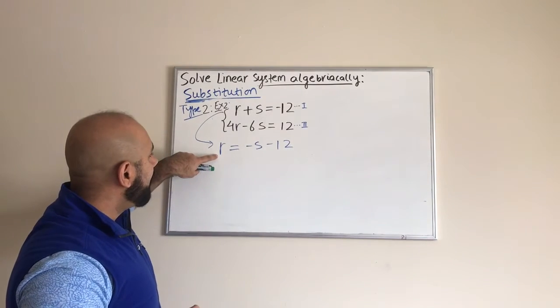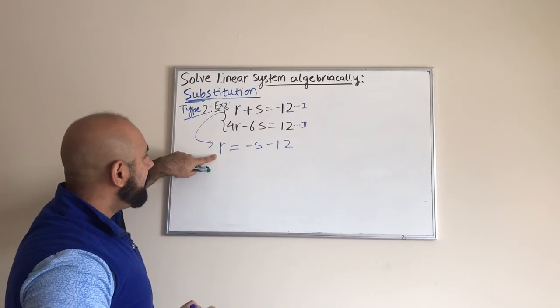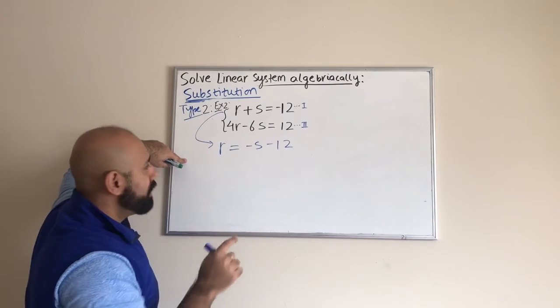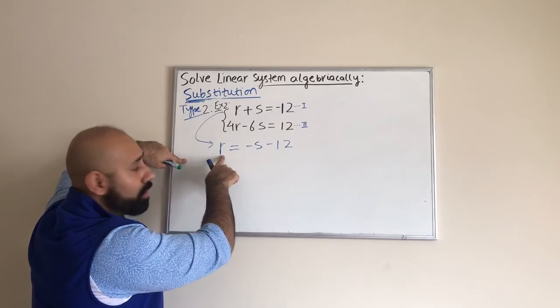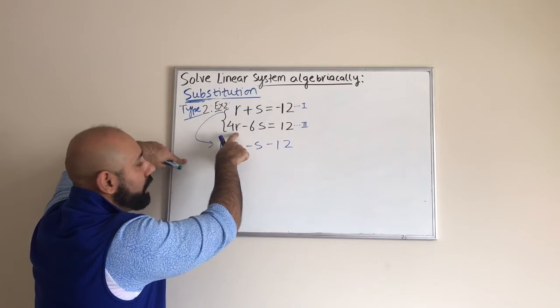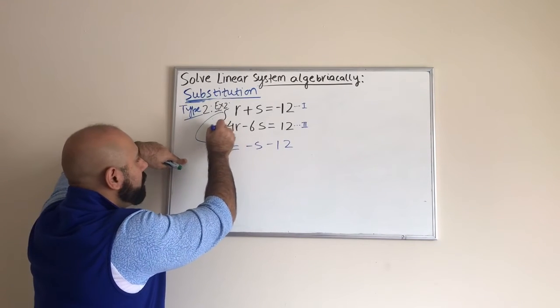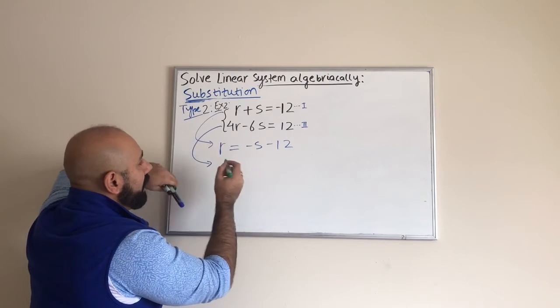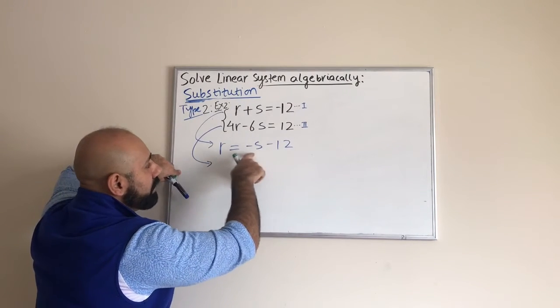Okay. So once I have this solved for r, then guys, that should take us back to type 1. Then we substitute this r into the second equation. So now I'm going to use the second equation, and wherever I have r, I'm going to replace that by this right hand side.